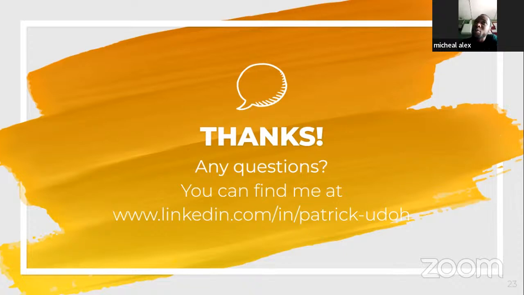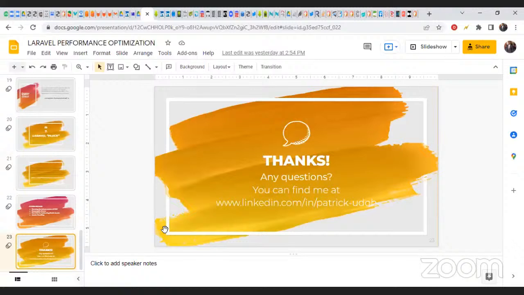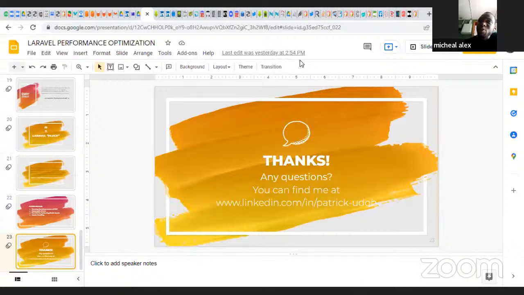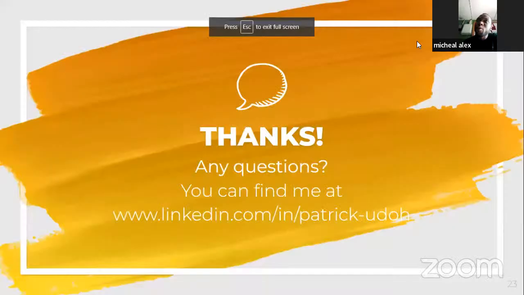It's more like a memory where you have to retrieve information. Then you talked about a command, PHP artisan route colon cache. Then you also talked about another command too, which is PHP artisan route colon clear.